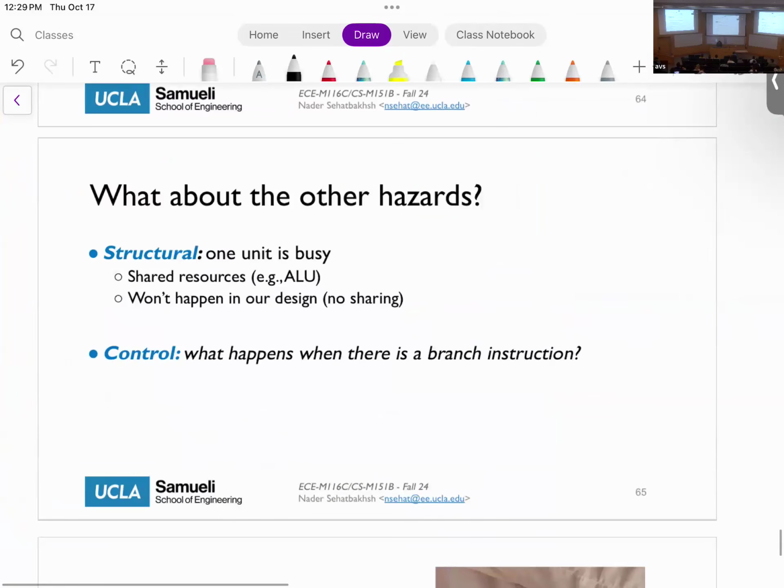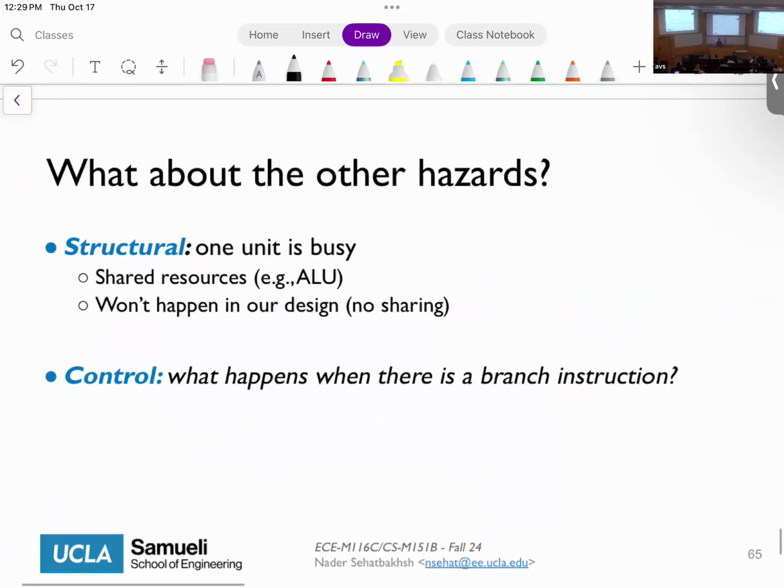All right. So we're going to switch gears and talk about other types of hazards. Any final question about data hazard forwarding or hazard detection units? Yeah. So the question is, do we have an actual no-op instruction in our ISA or not? Some ISAs do have a no-op instruction, but most ISAs don't.